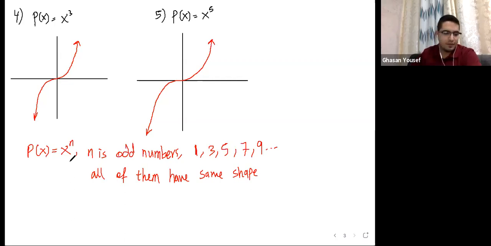Okay. Now we're going to use transformations to graph the basic polynomial. So my example now, I'm moving to the next slide.